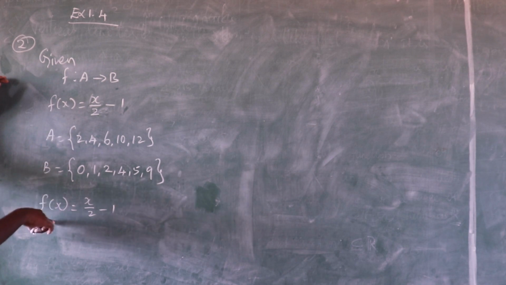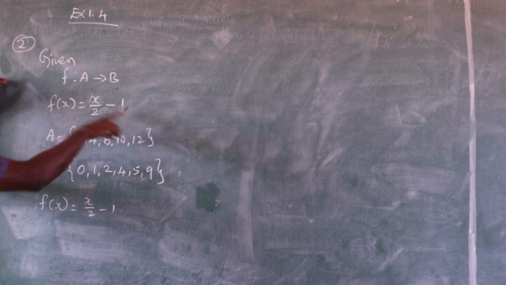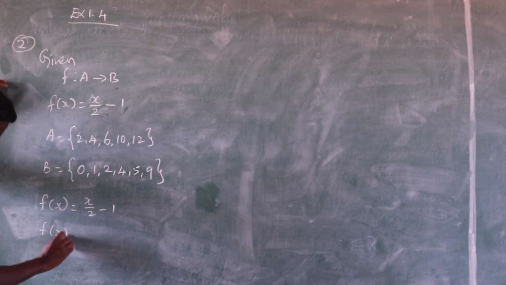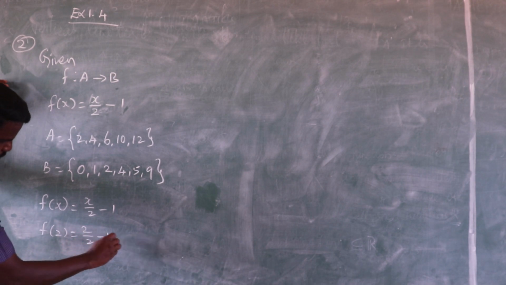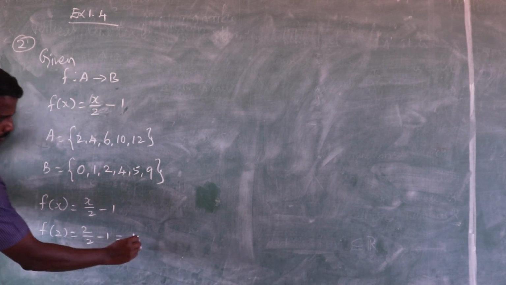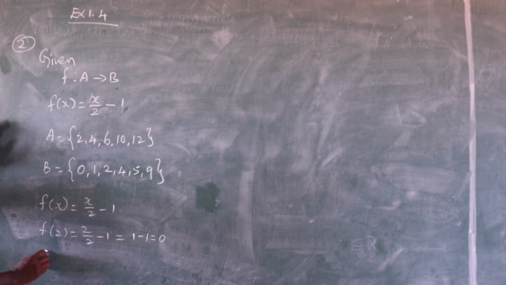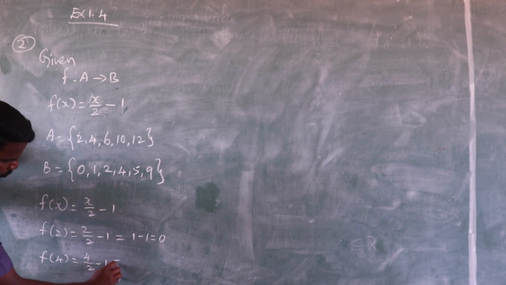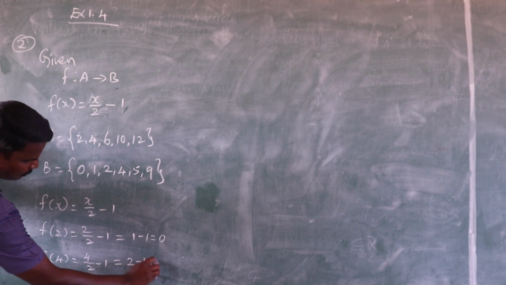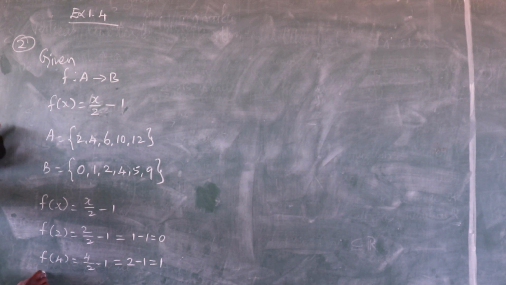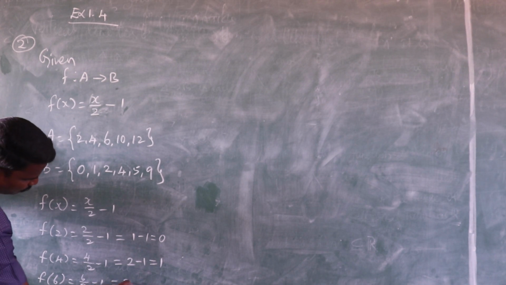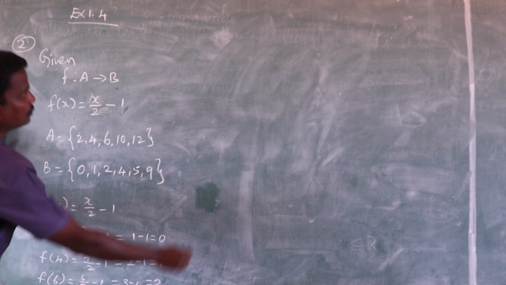In place of x, we replace the elements in A. First, f of 2 is 2 by 2 minus 1; 2 by 2 is 1, 1 minus 1 is 0. Then f of 4 is 4 by 2 minus 1; 4 by 2 is 2, 2 minus 1 is 1. F of 6 is 6 by 2 minus 1, which is 3 minus 1, equal to 2.